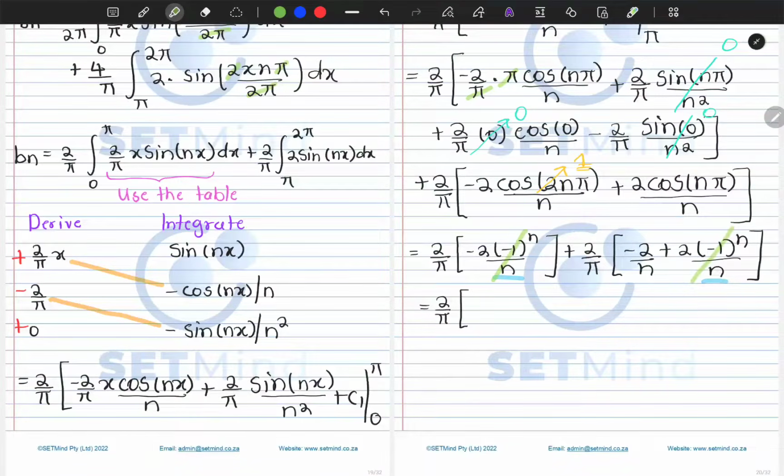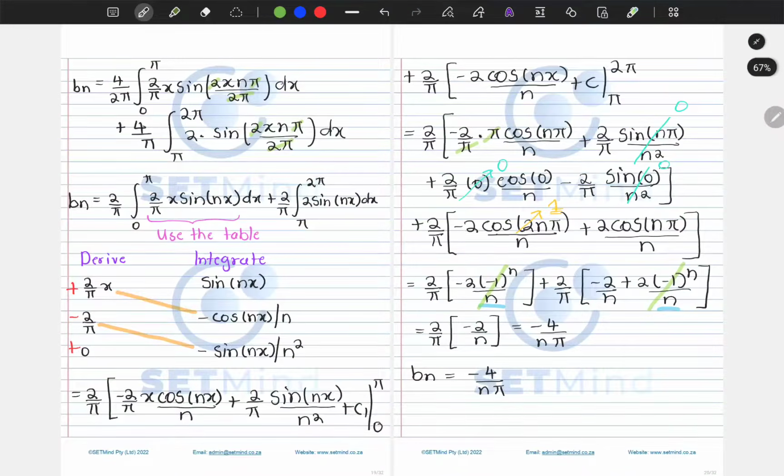So that and that will cancel, meaning the only thing left will be negative 2 over n, which means our answer will be negative 4 over n pi. So that is our Bn. Our Bn is negative 4 over n pi. So we now have our An and our Bn.